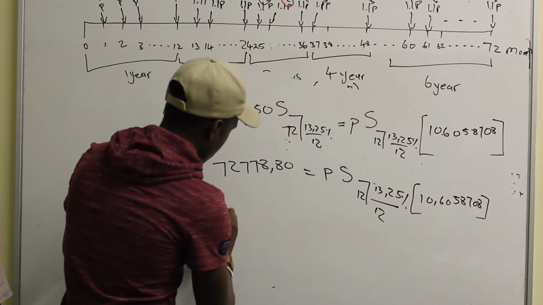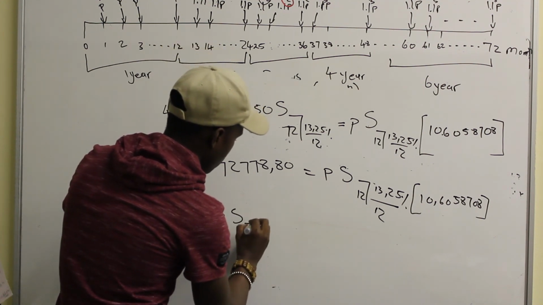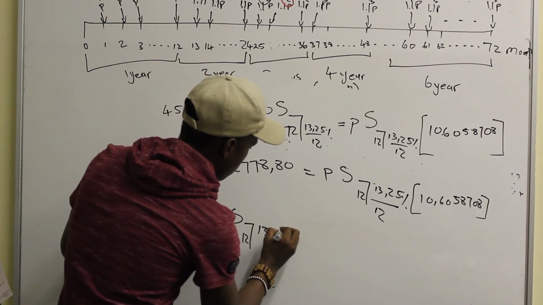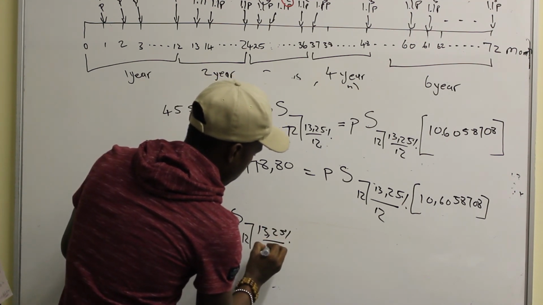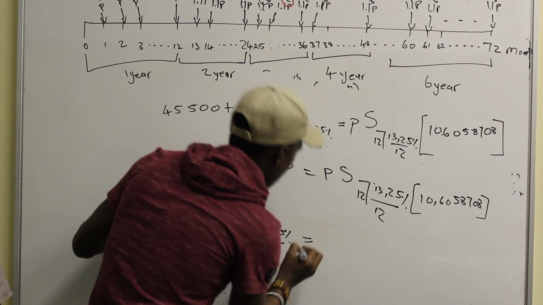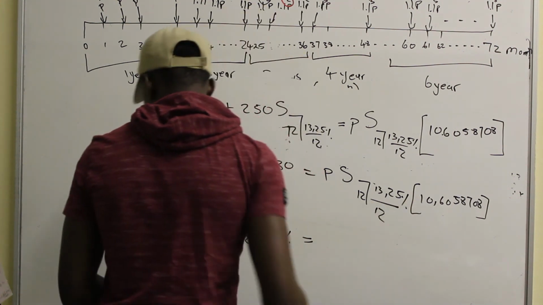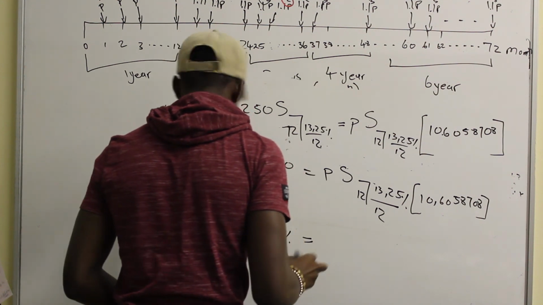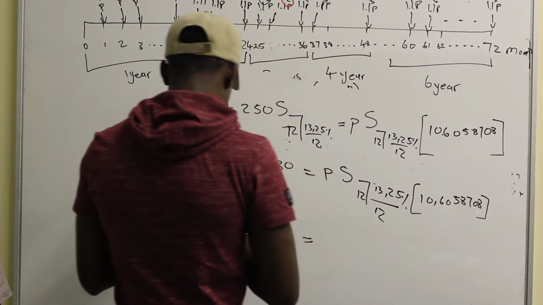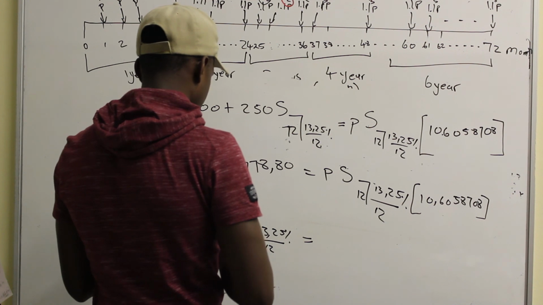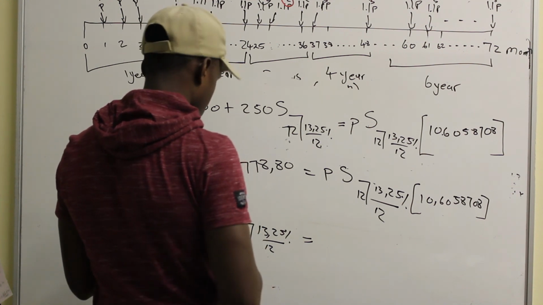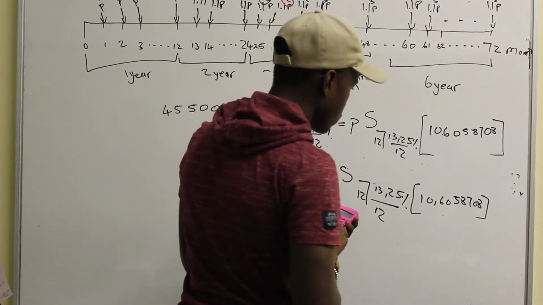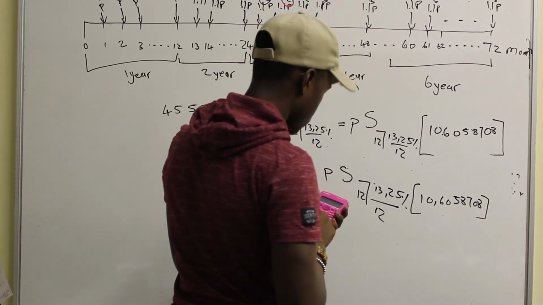We're going to be left with P as 12, and the interest divided by 12, and then after dividing here, 72778.80 divided by 10.605878.